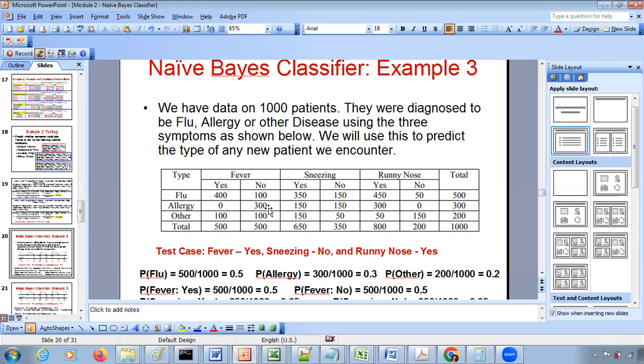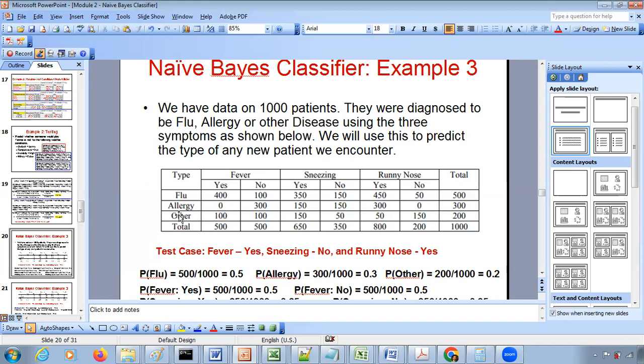So all 300 who had allergy reported no for fever. 150 of the 300 reported yes for sneezing, and 150 out of the 300 reported no for sneezing.